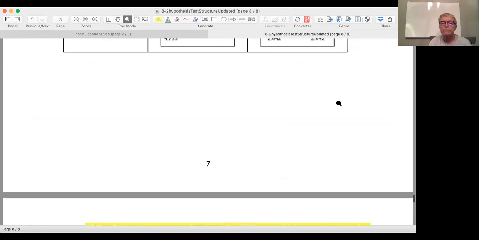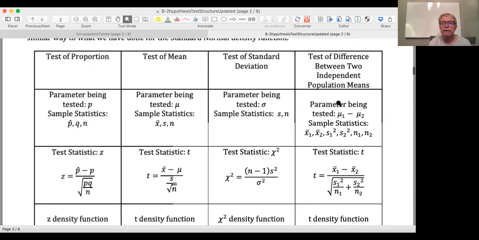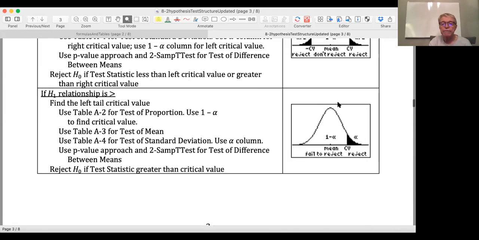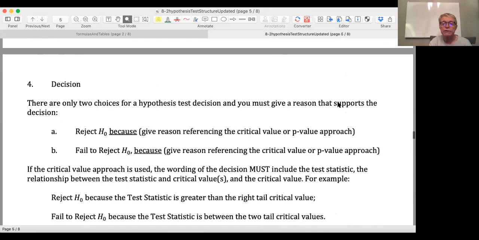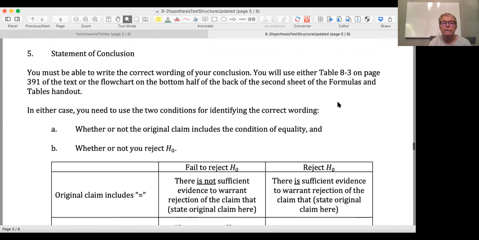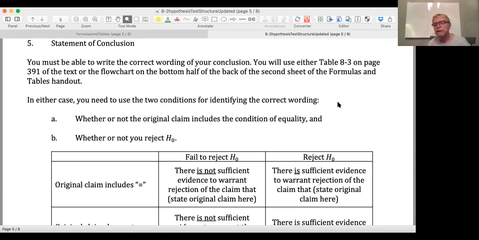So let's go back up then and look at the last item in step 5 in hypothesis testing, and that is the statement of conclusion. And this should be the easiest of all the steps because it's canned. All we need to know is, did we fail to reject, or did we reject?